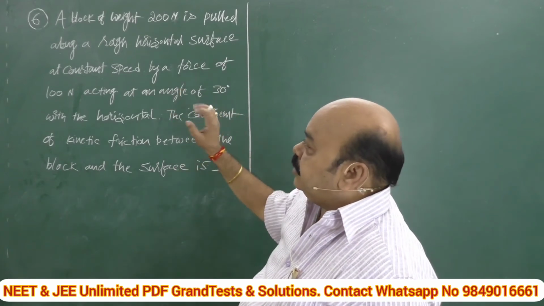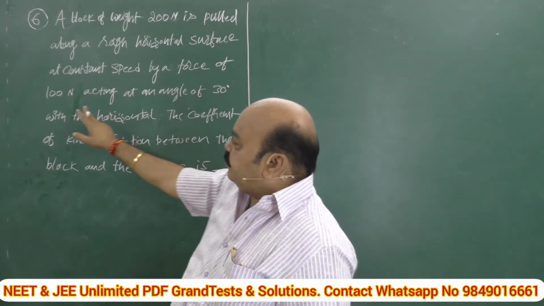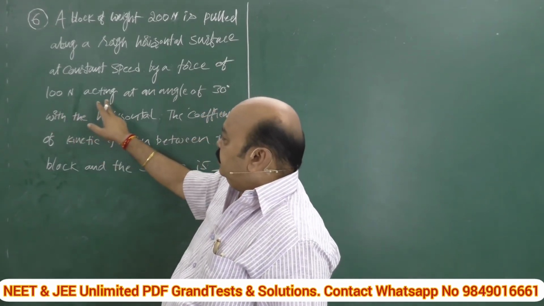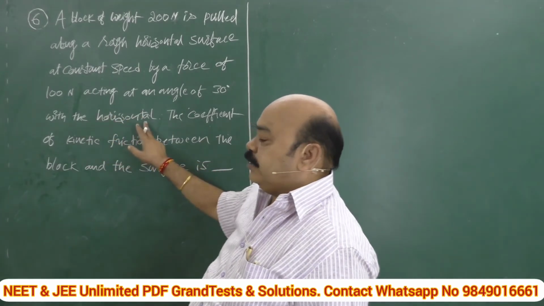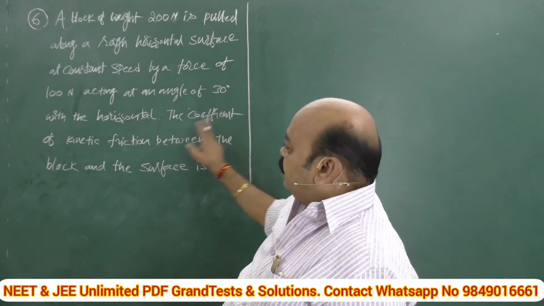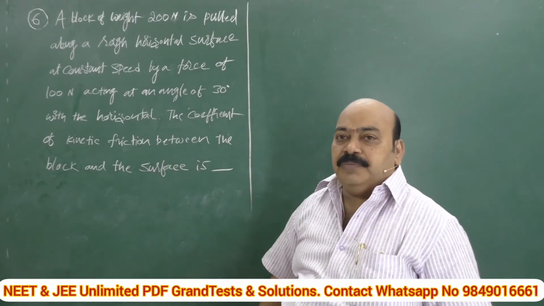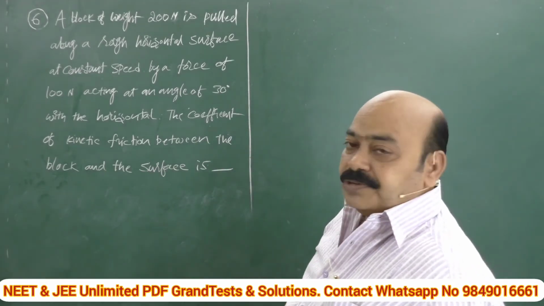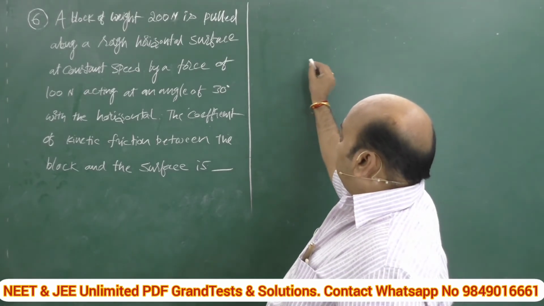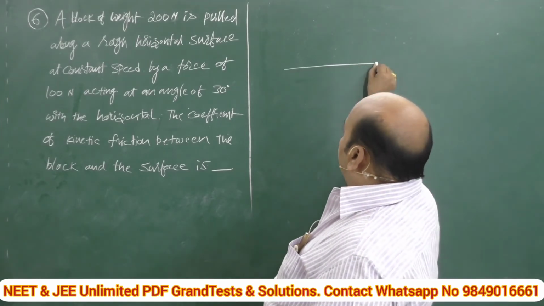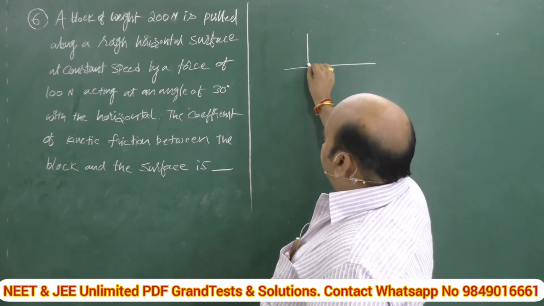So here it is related with friction. It is pulled at a constant speed by a force of 100 Newton, acting at an angle of 30 degrees with the horizontal. The coefficient of kinetic friction between the block and the surface is? Beautiful question, it relates with our previous theory. I will try to establish the situation. This is a horizontal plane, and here is a block.